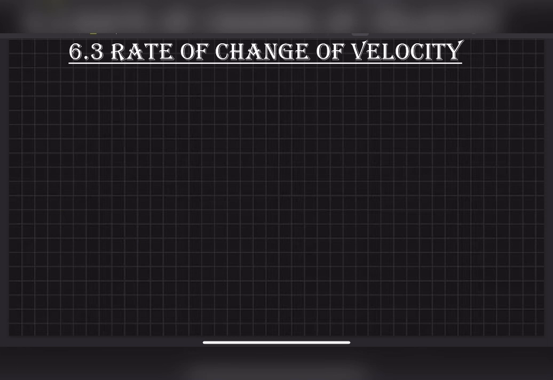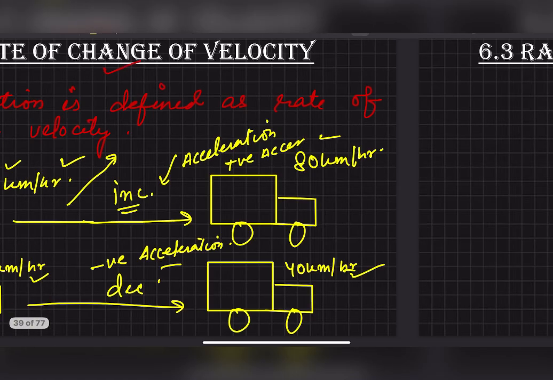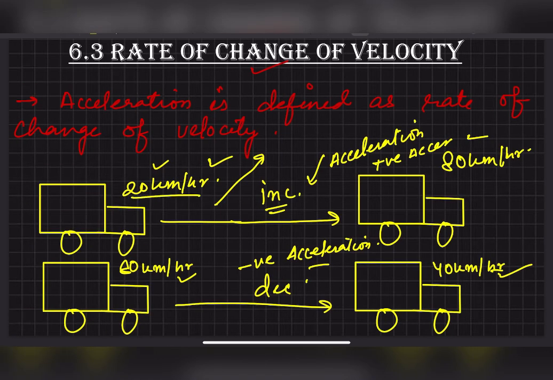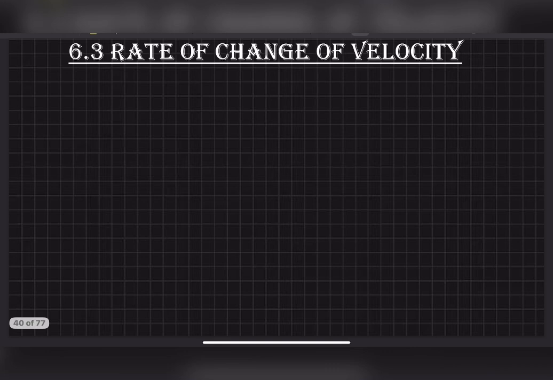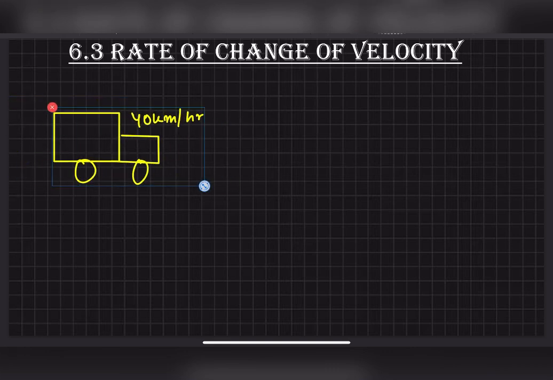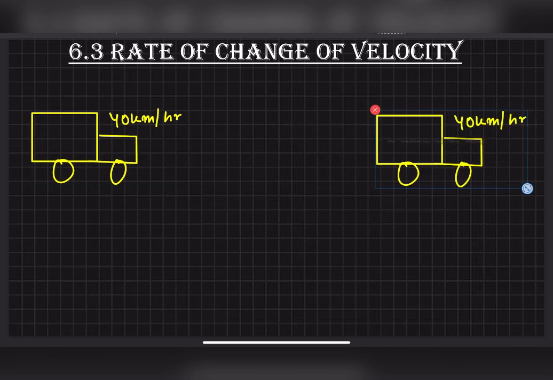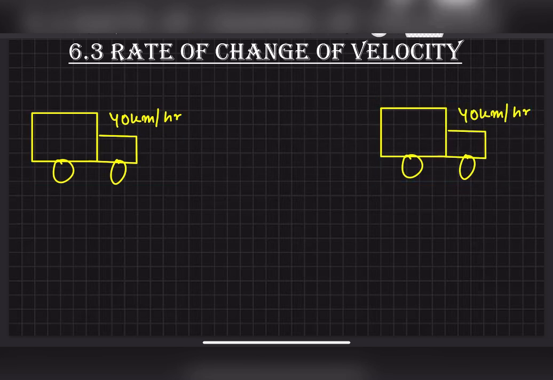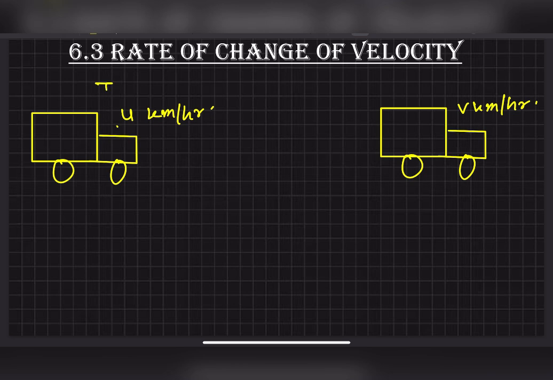Let's say you are traveling with a speed, now let me not say 40 kilometer per hour, let me say u kilometer per hour, and let's say this is v kilometer per hour. This u is called initial velocity.